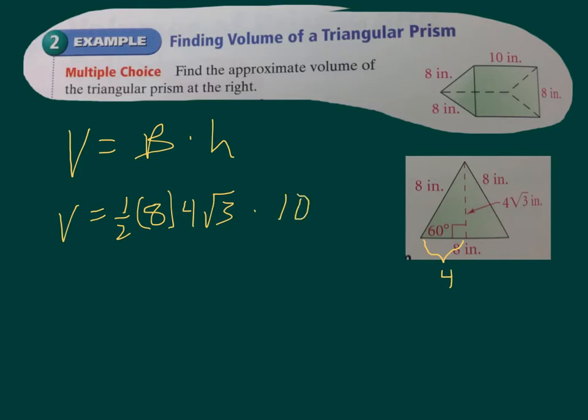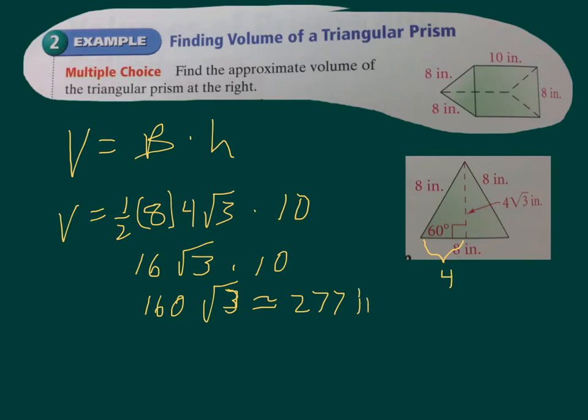So what do we got? 16 times the square root of 3 times 10, or 160 times the square root of 3. It gives it to the nearest whole number, so we punch that into our calculator, and you're going to get approximately 277 cubic inches.